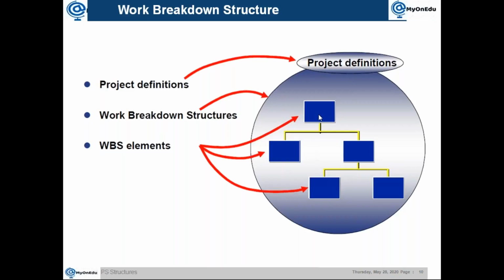Normally what we keep is, when you're talking about numbering logic, we use the same number for the project definition and level 1 WBS, because as far as the WBS structure is concerned, this is the highest level. The project definition will not carry any cost or anything, because it's not a cost object.